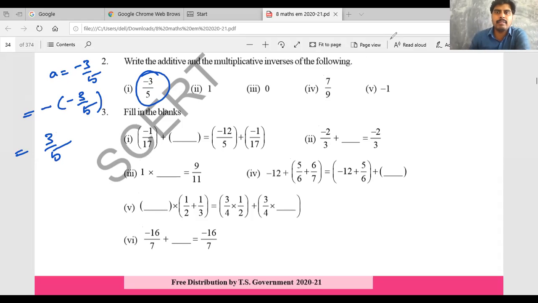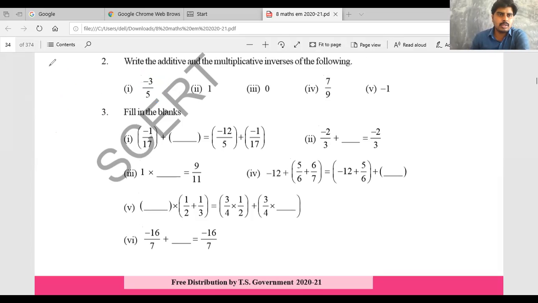Okay, what about multiplicative inverse? Suppose A is a rational number. Multiplicative inverse is nothing but 1 by A. A is equal to minus 3 by 5.